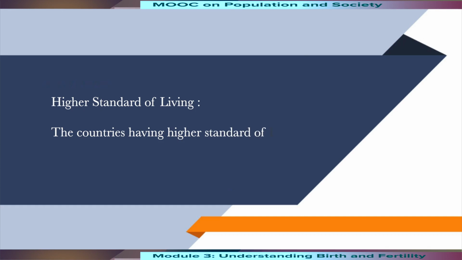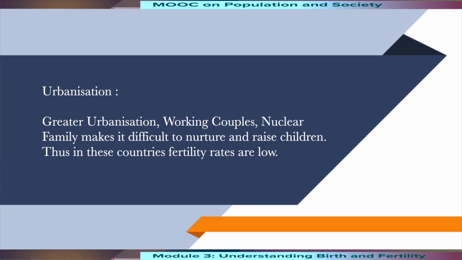The countries having a higher standard of living also tend to have lower fertility. There is greater urbanization in developed countries. There are a large number of working couples, nuclear families, and all this makes it difficult to have a larger number of children.